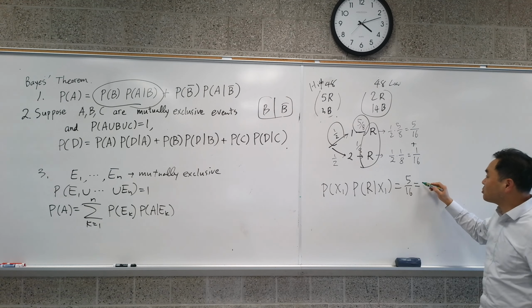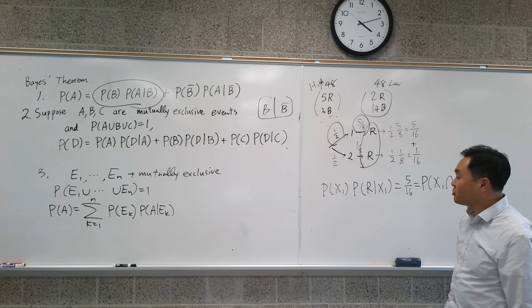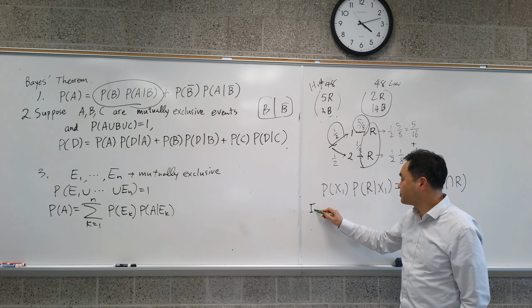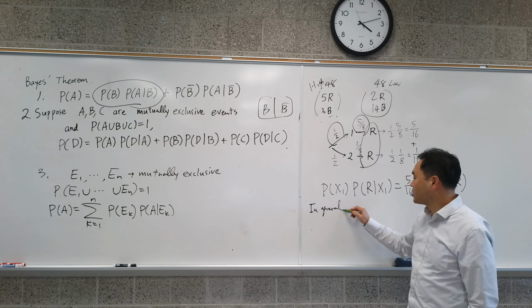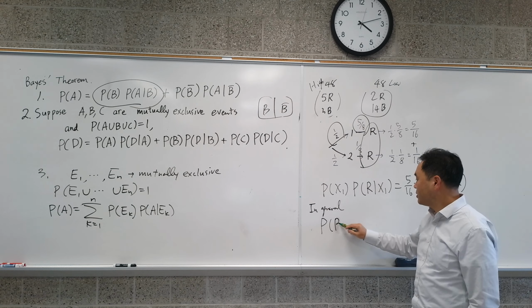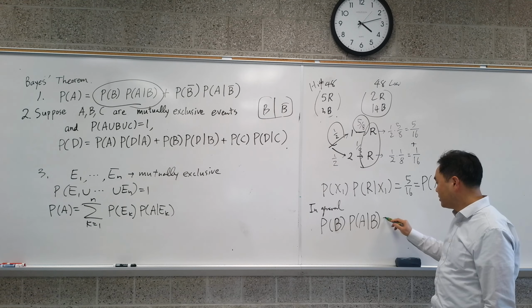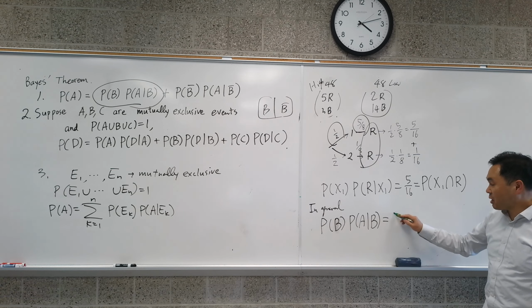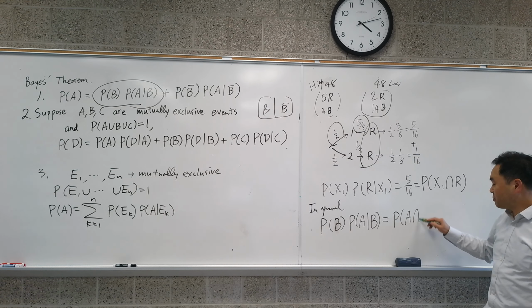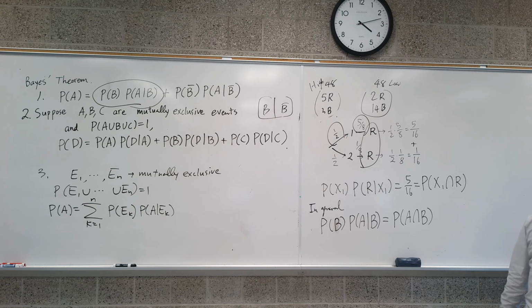Okay. And that means, in general, if you multiply P of A times P of B under A, that gives you the probability of A and B happening at the same time.